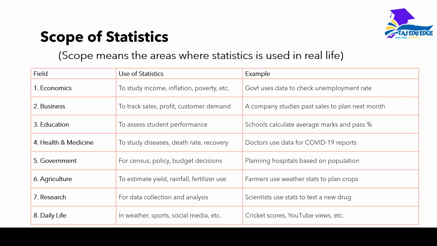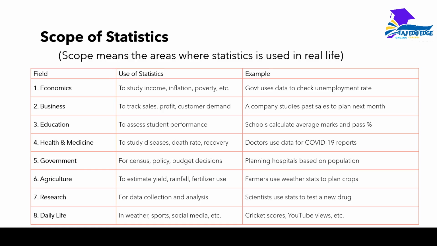First you need to understand the meaning of scope. Scope means the areas where statistics is used in real life, where we apply statistics. Scope means application in real life.